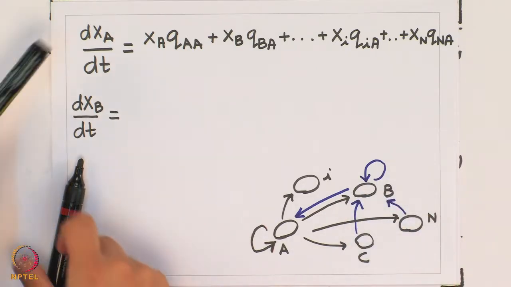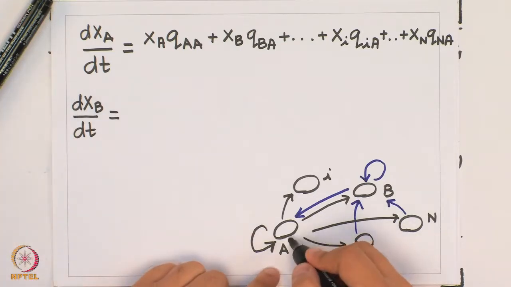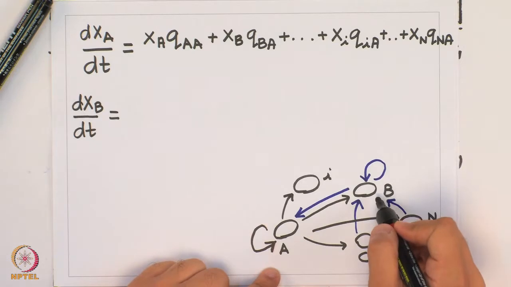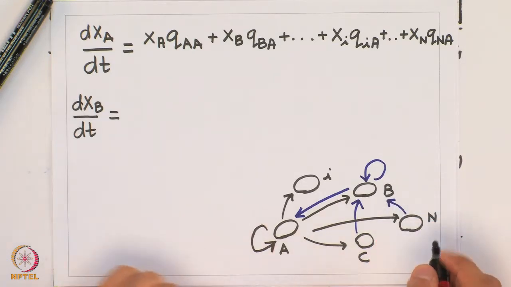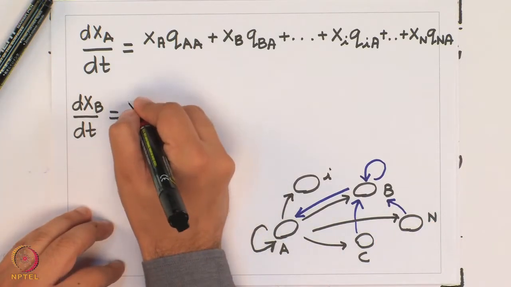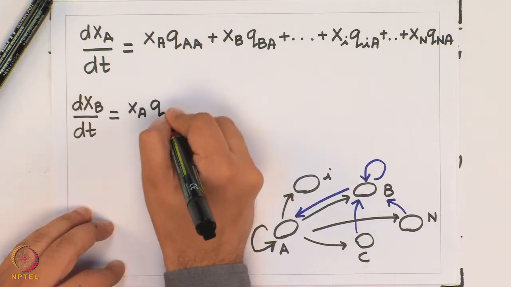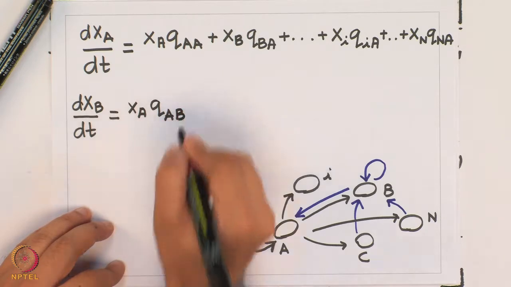So first off, we'll start with this arrow, that division of a parent of genotype A leading to a progeny of genotype B, and that's given by XA times QAB.